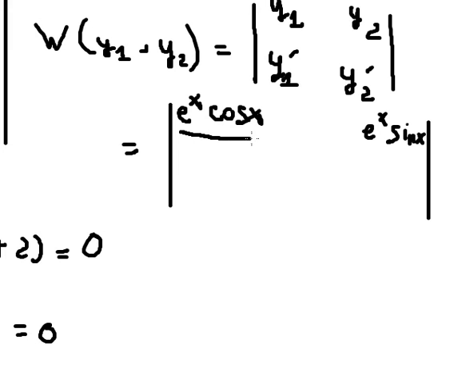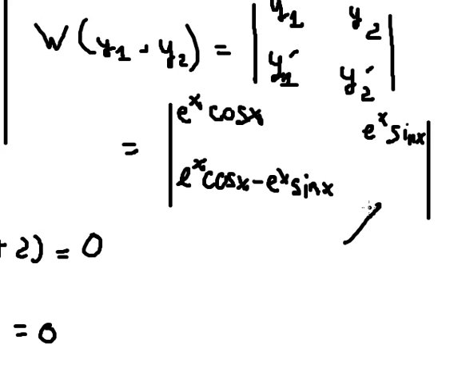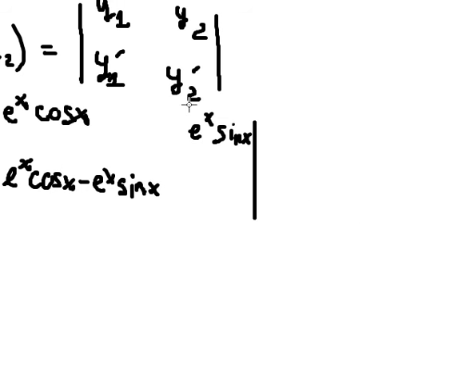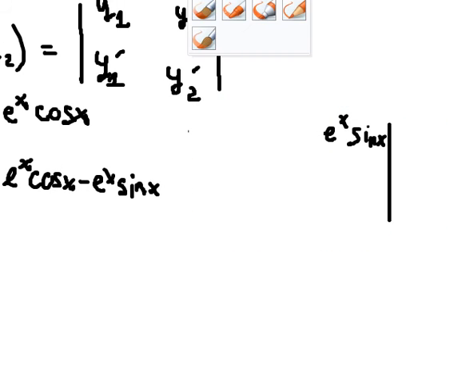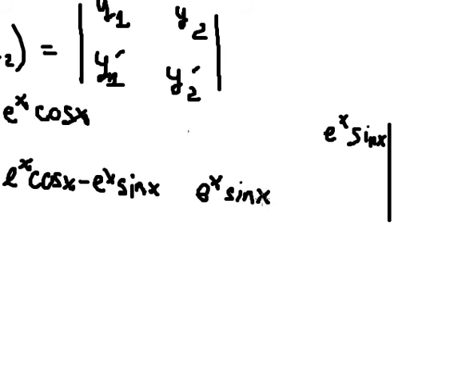So we need to take first the derivative of this one, and we have like this. Similarly, that should be e to the power of s sin s plus e to the power of s cosine s.